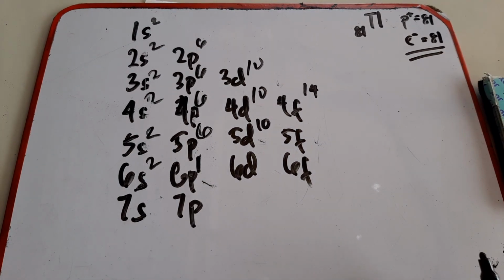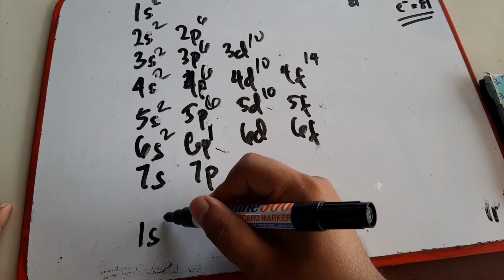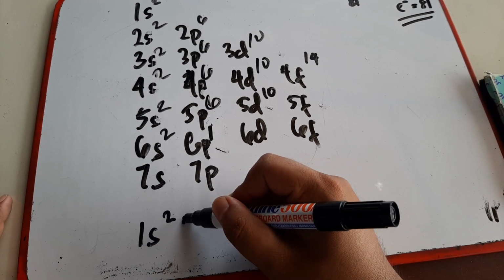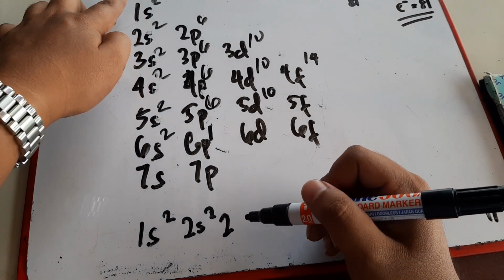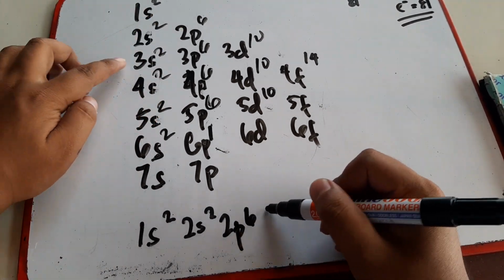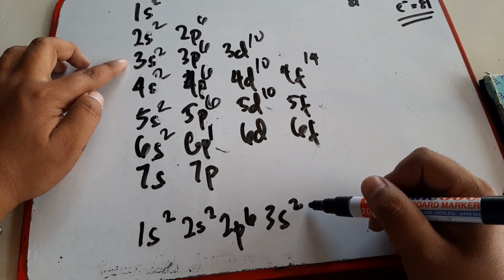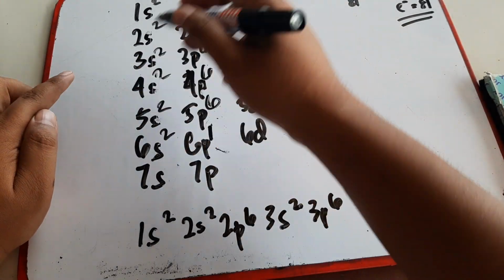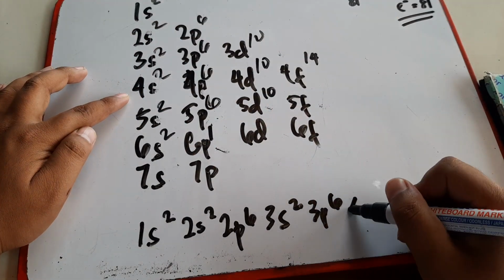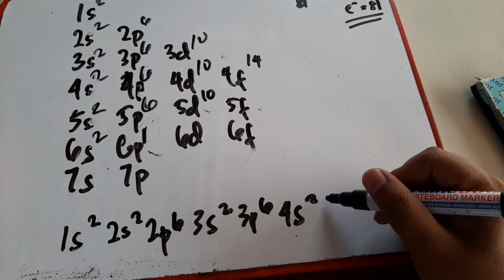Alright, let's rewrite it. If you are using a modern periodic table of elements, you will see if the configuration is correct. 2S2, kinakopy ko lang, 2P6, 3S2, 3P6. Again, before I go to 3D10, because my arrow, hindi ko lang nilagay kasi for the sake na medyo malinaw ang ating board.